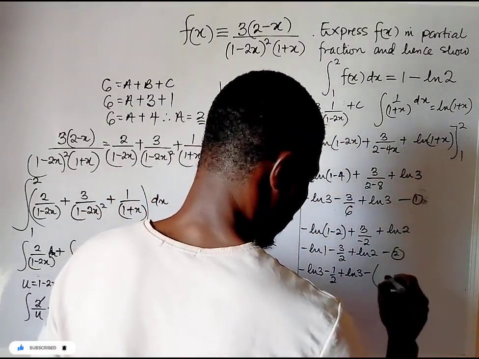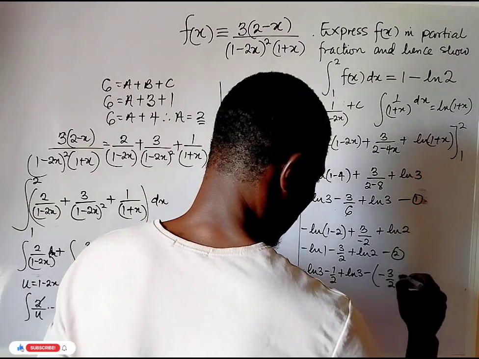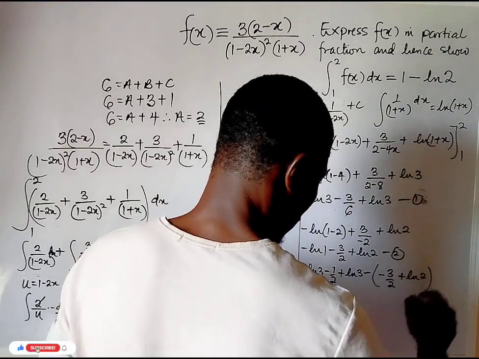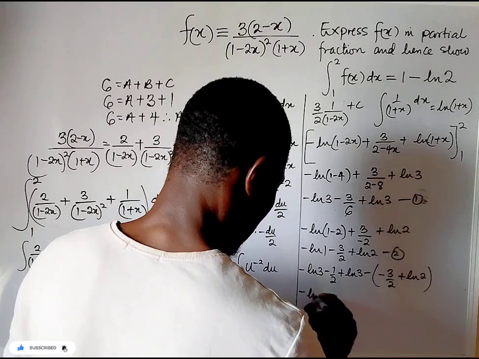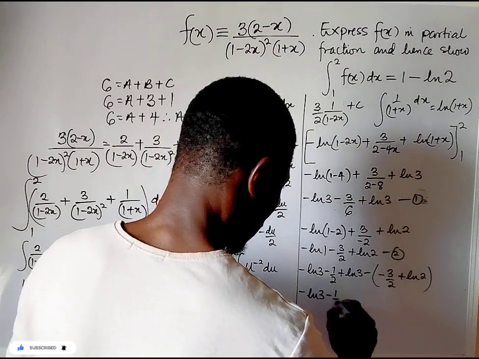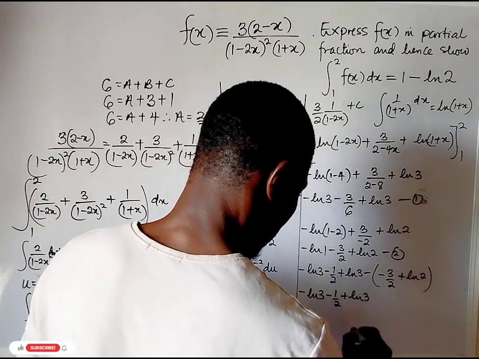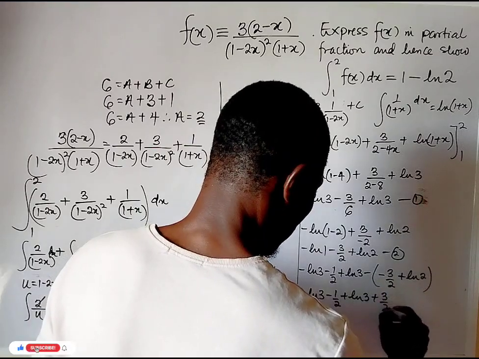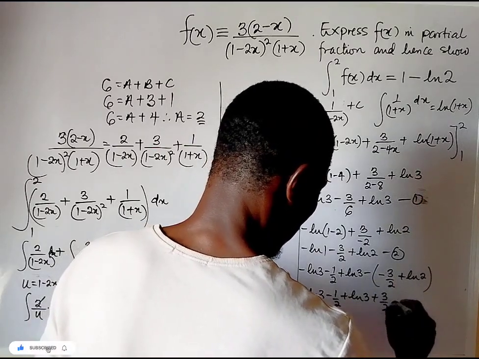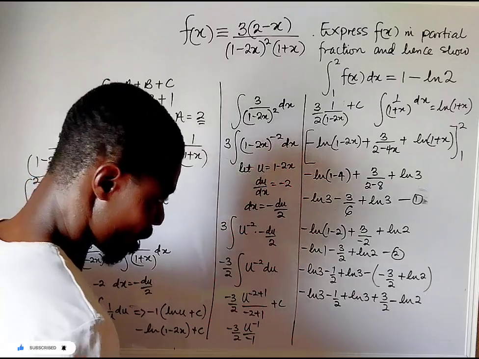So you have minus 3 all over 2, then plus ln 2. Now opening the bracket, we have minus ln 3 minus 1 over 2, then plus ln 3. Minus times minus gives plus 3 over 2, minus times plus gives minus ln 2.